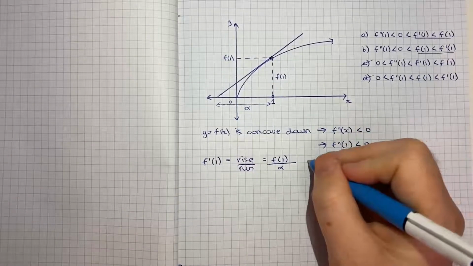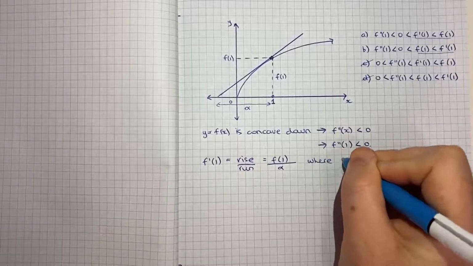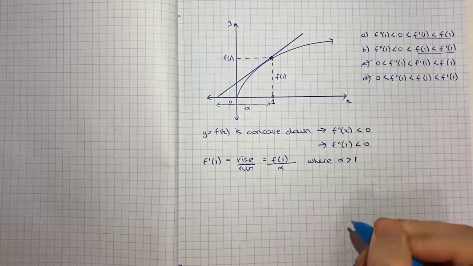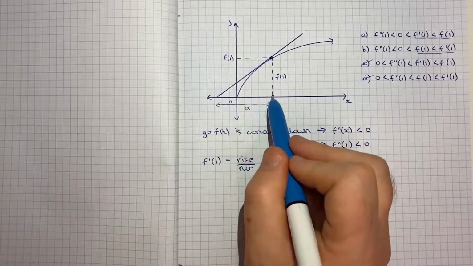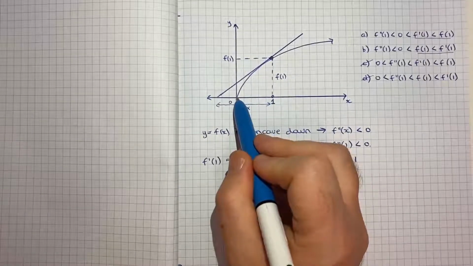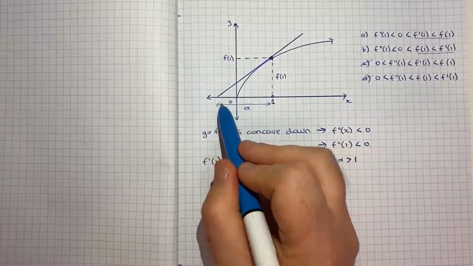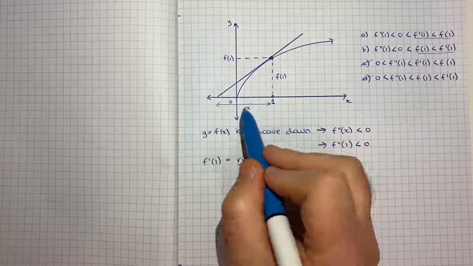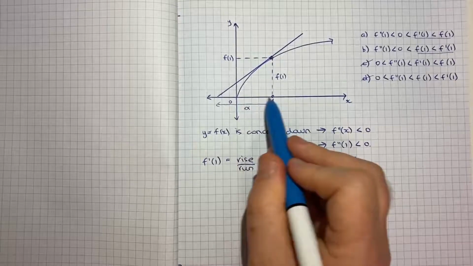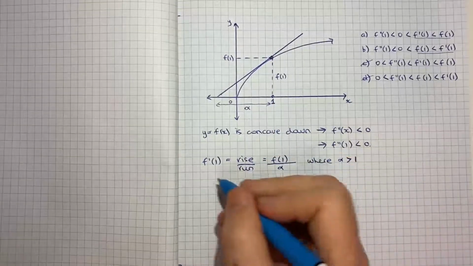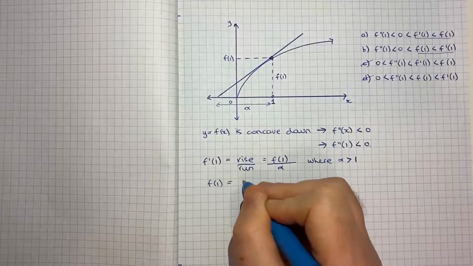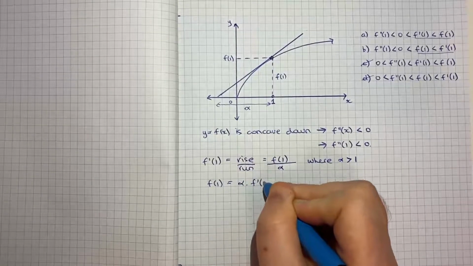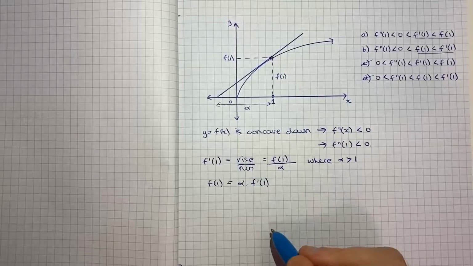And what I can conclude about alpha is that it must be greater than 1, because the length from 0 to here is 1, because we're at x equals 1. And because I've gone further back, the total run must be greater than 1. So a simple rearrangement then lets us see that f(1) is equal to alpha times f'(1). I've just moved the alpha over.